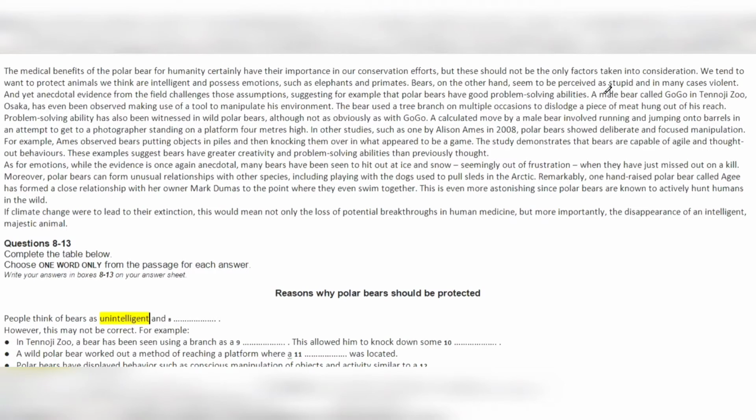So we find the sentence: bears, on the other hand, seem to be perceived as stupid, and in many cases violent. Stupid is the synonym of unintelligent.